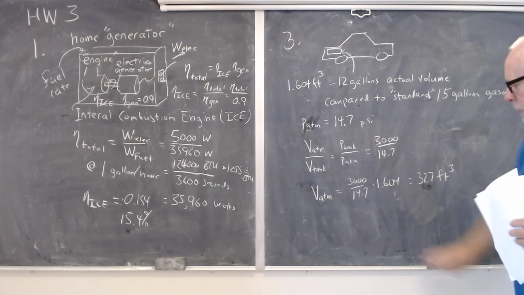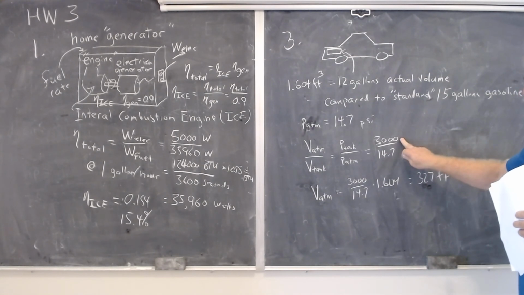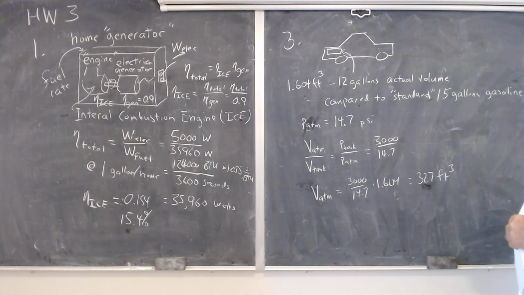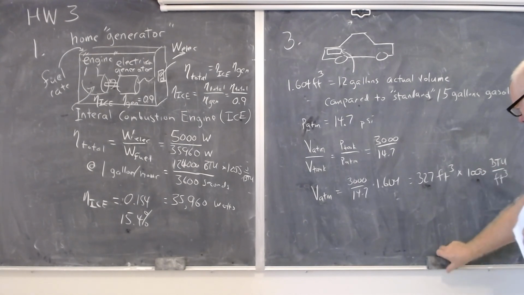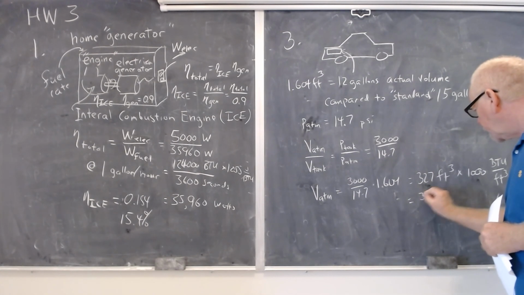But this is an ideal problem, and it's saying that when you filled that tank at 3,000 psi, you started with 327 cubic feet of natural gas. I use 1,000 BTU per cubic foot, which is a rough number. And so it contained 327,000 BTU.